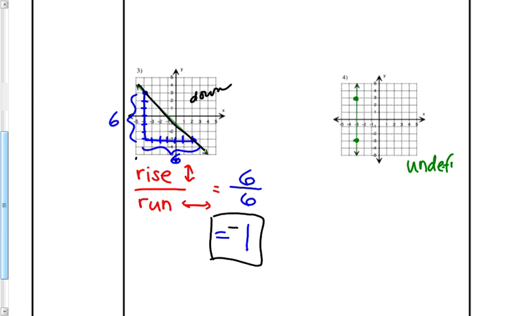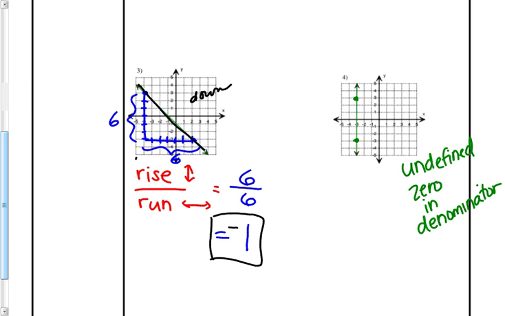And an undefined number is because we have 0 in the denominator. So how do I know I have 0 in the denominator? I'm just going to show you mathematically.